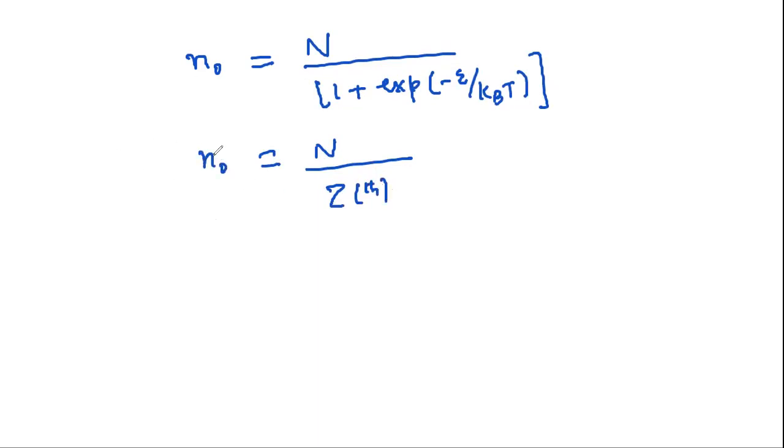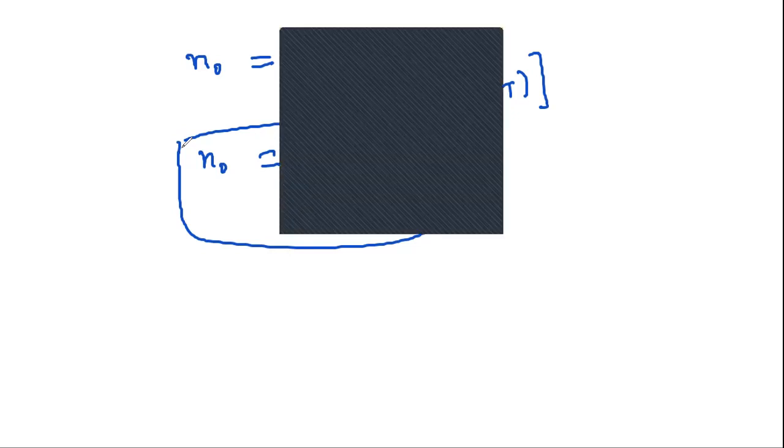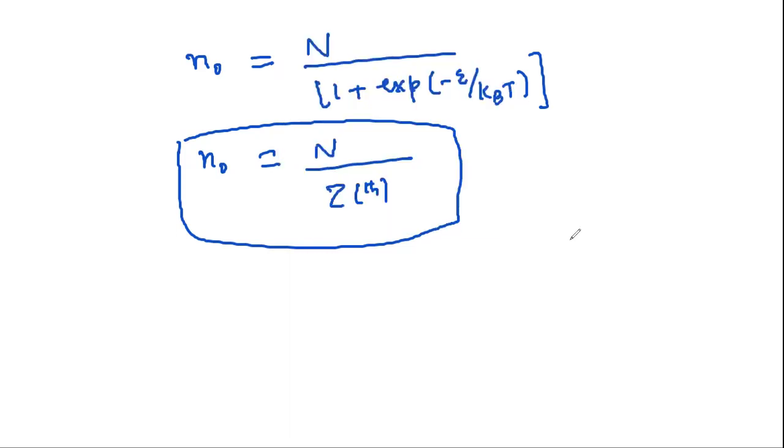This was the expression for the distribution number pertaining to the ground state. So it is N over 1 plus exponential of minus epsilon by kT, or you can write it as N by Z thermal.